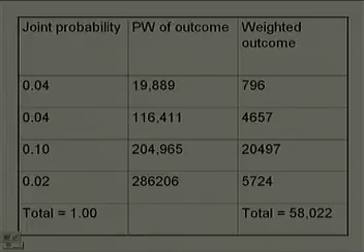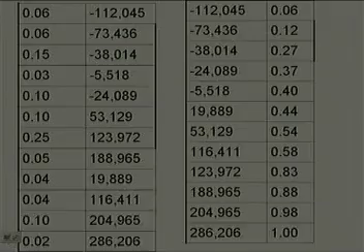Now using this set of information, we are going to draw investment risk profile, which will help a decision maker in arriving at a decision. So for this what we do is, we try to write the probability values and the weighted outcome in ascending order.